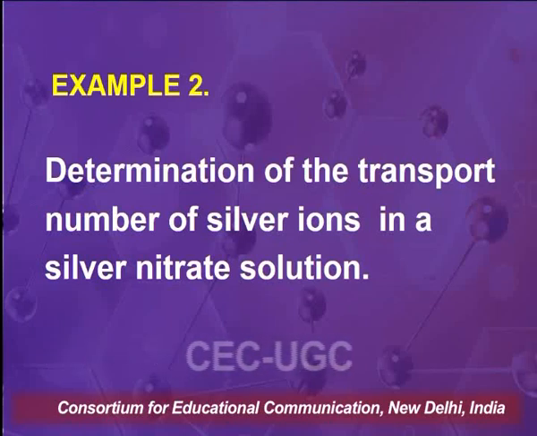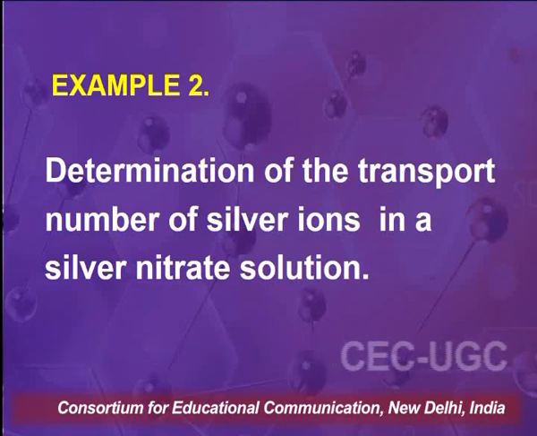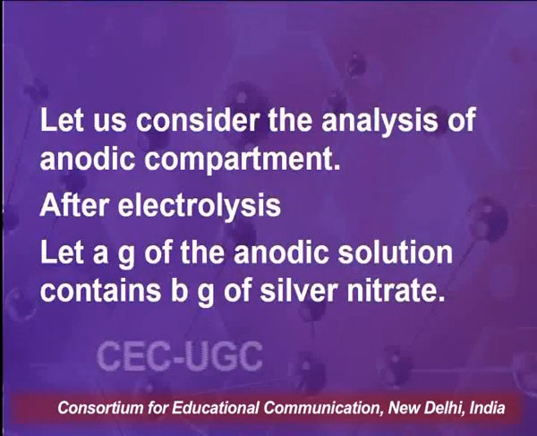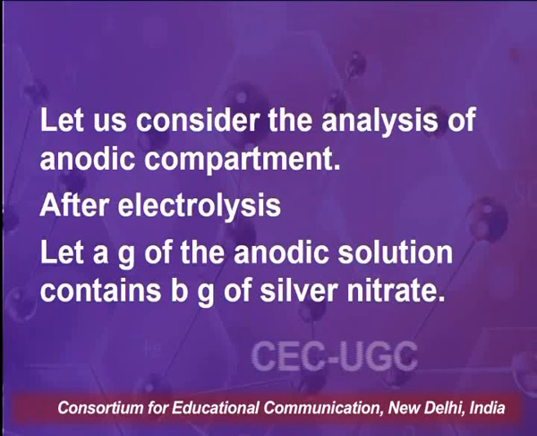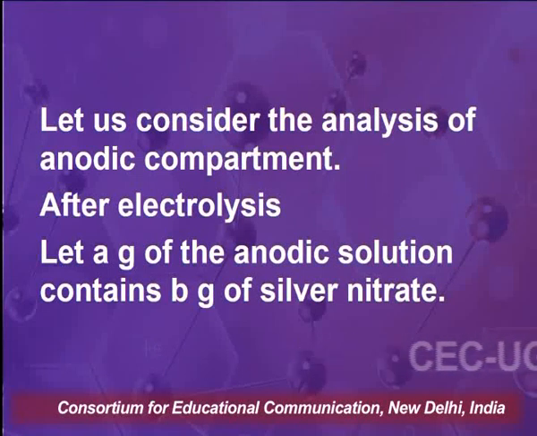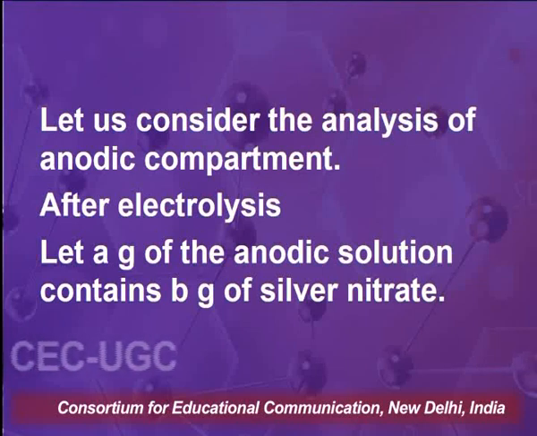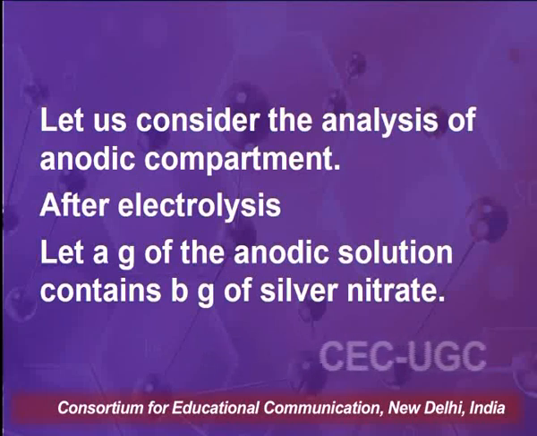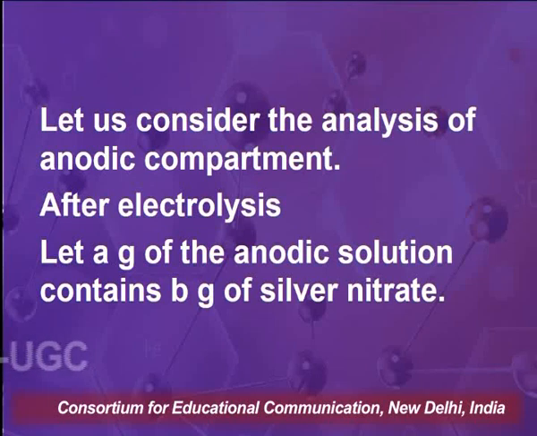We can consider another example to determine the transport number of silver ions in a silver nitrate solution. Let us consider the analysis of anodic compartment. In the anodic compartment, after electrolysis, similar to the HCl situation, let A grams of the anodic solution contain B grams of silver nitrate.